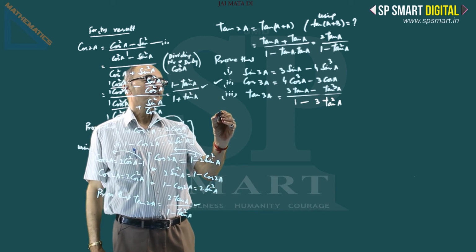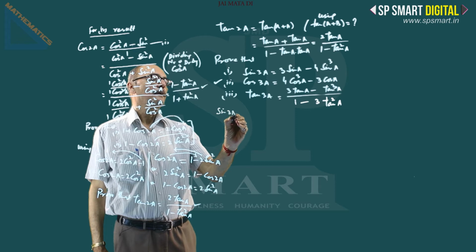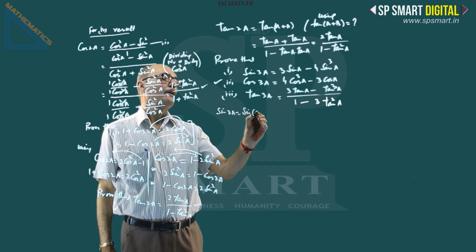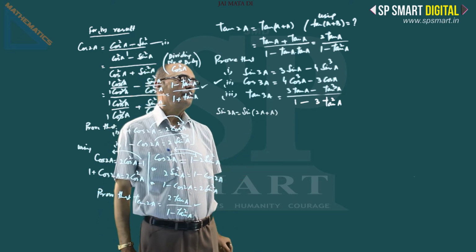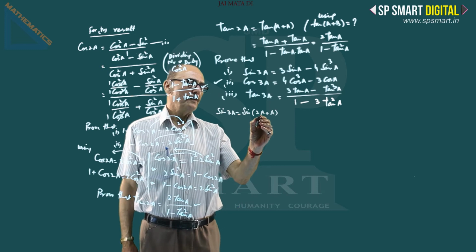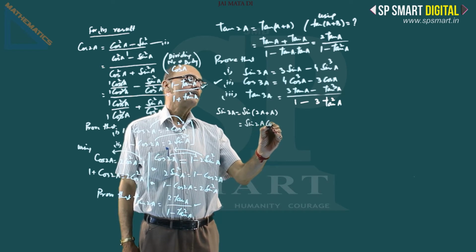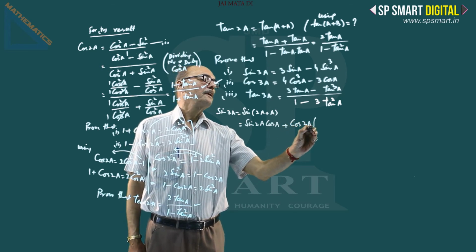We start with first sin of 3A. This can be written as sin of 2A plus A. We are familiar with the result of sin of A plus B. Apply sin of the first angle cos of the second angle plus cos of the first angle sin of the second angle.